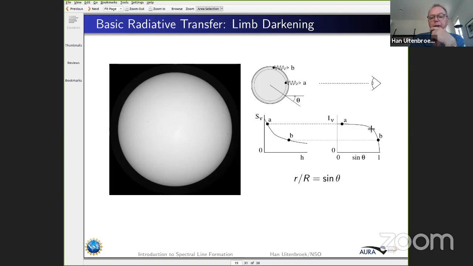And therefore, we get limb darkening. The intensity becomes lower because the temperature in the atmosphere decreases with height.